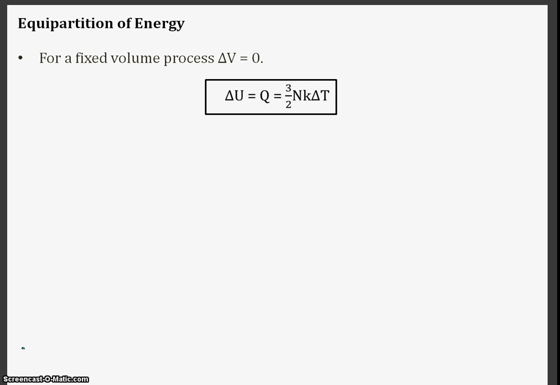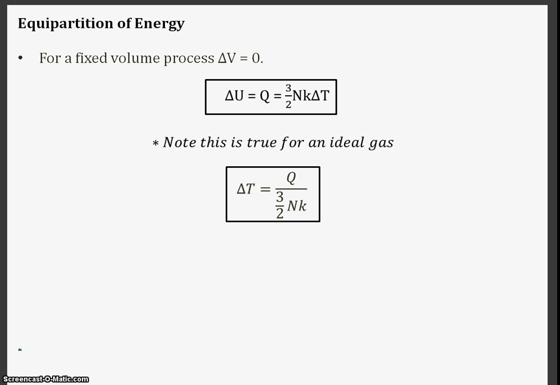So the difference in internal energy is 3/2 nk delta T. We figured that out. This is true for an ideal gas. So that means the change in temperature is the heat over 3/2 nk.